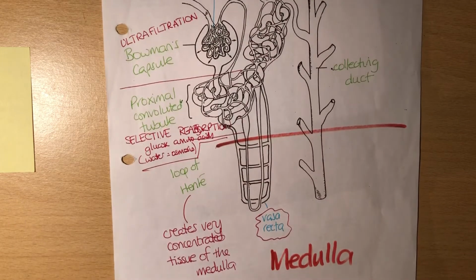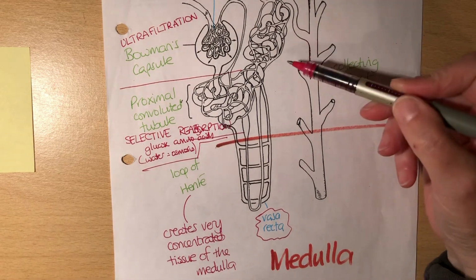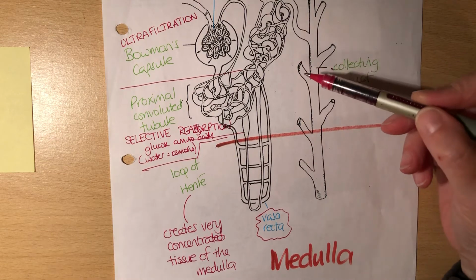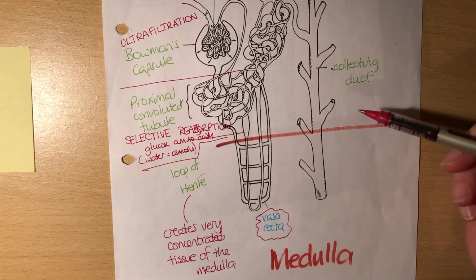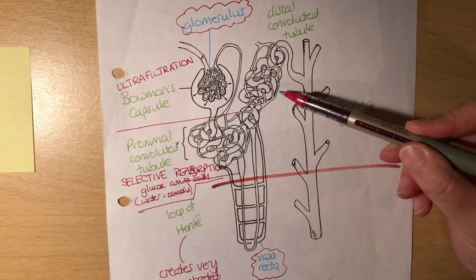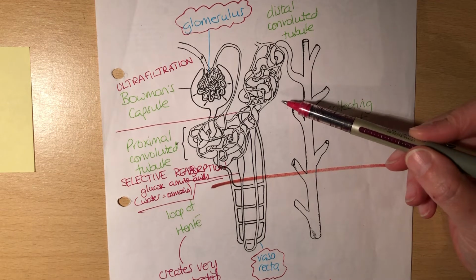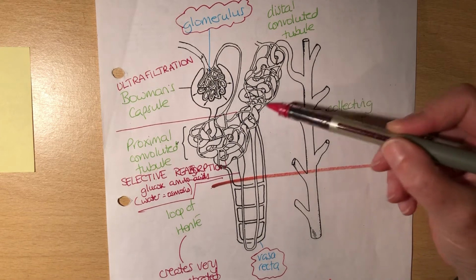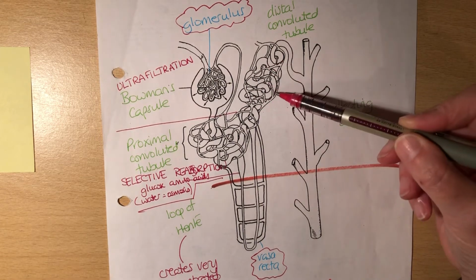Right, so what happens then when we move through the distal convoluted tubule? Well, your textbook only really has a few lines about it. It's saying in the distal convoluted tubule, that's where the pH is regulated, and also some things like creatinine get secreted into the filtrate.